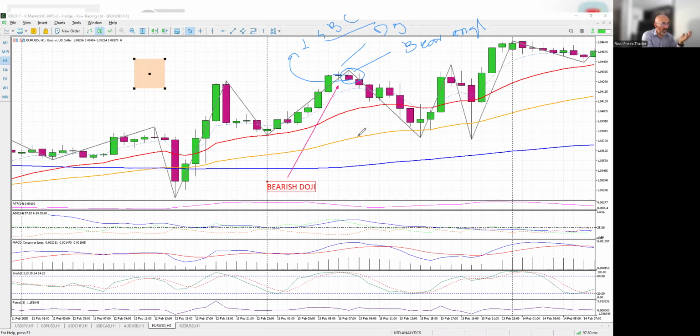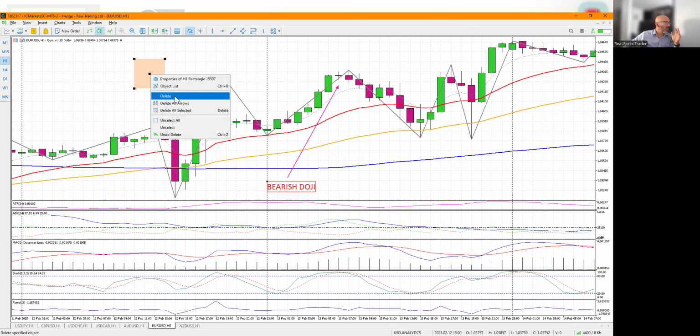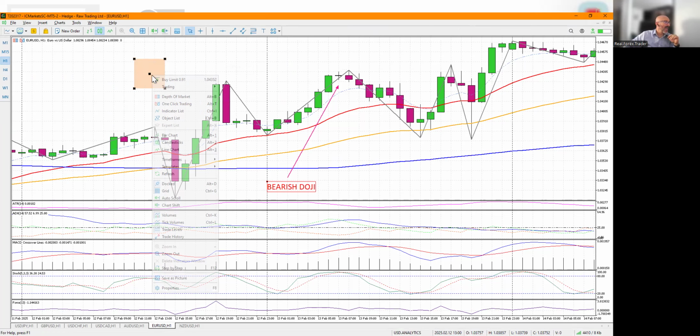Okay, to proceed on what? To proceed on my trade. Let's suppose, just as a hypothetical scenario, that I wanted to trade something like this. Remember what I have mentioned in previous videos, that I have to be very organized in the way I place my entries, my stop losses, and my take profits, right?